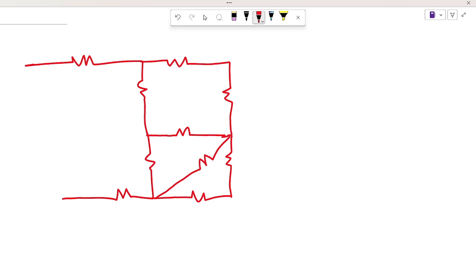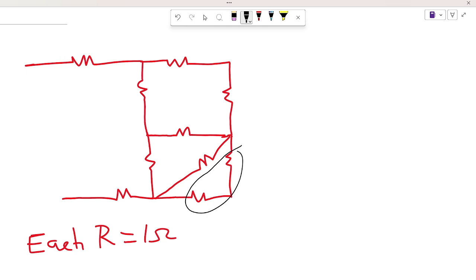So all the resistance present in this diagram are of value 1 ohm. So each resistor is equal to 1 ohm. Okay, so first of all, we can simplify this part. We can see that both of them are in series, and 1 plus 1 is equal to 2. Let me just indicate the values. They are all value 1, 1, 1, 1.